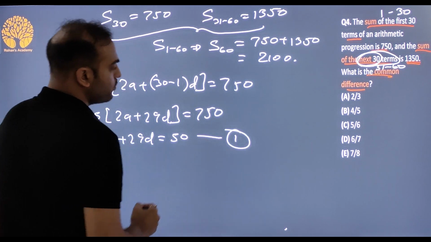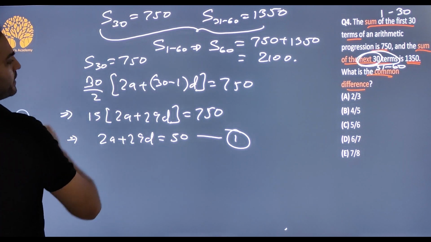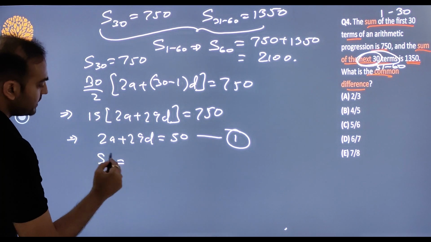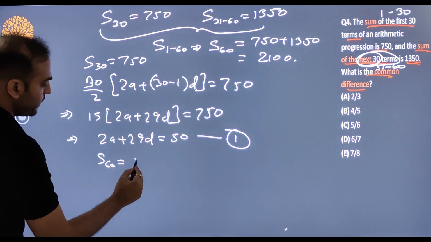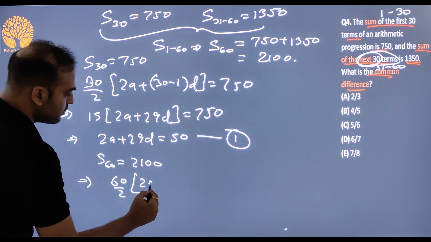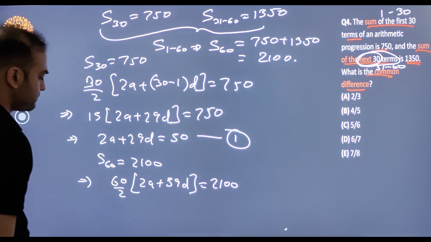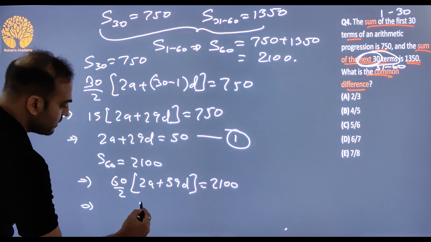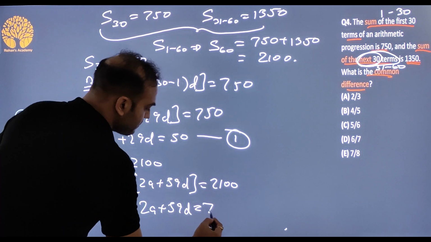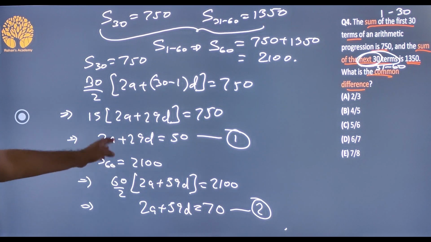That's equation number 1, for S30 equal to 750. Similarly, if I solve S60 is equal to 2100, that is 60 by 2, 2a plus 59d is 2100. If I solve that, 2a plus 59d is 70. Equation number 2.